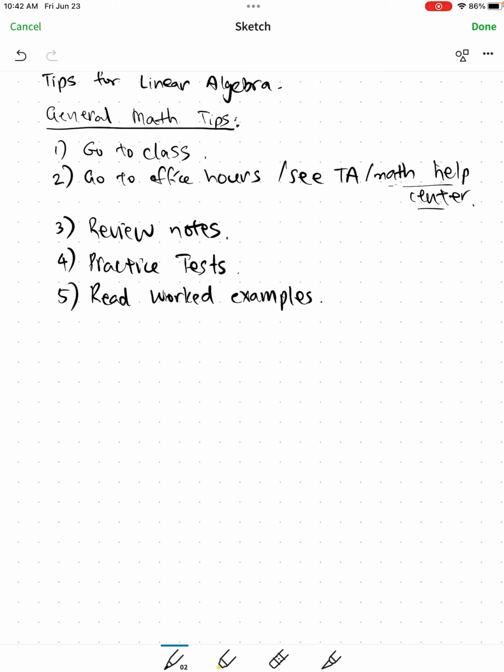Maybe before you start the homework, right? Let's say you have a homework assignment and it's a bunch of questions. Then it might be a good idea to read those questions first, just to have an idea of what's on the homework. And then take a look at your notes and your textbook for fully worked examples.